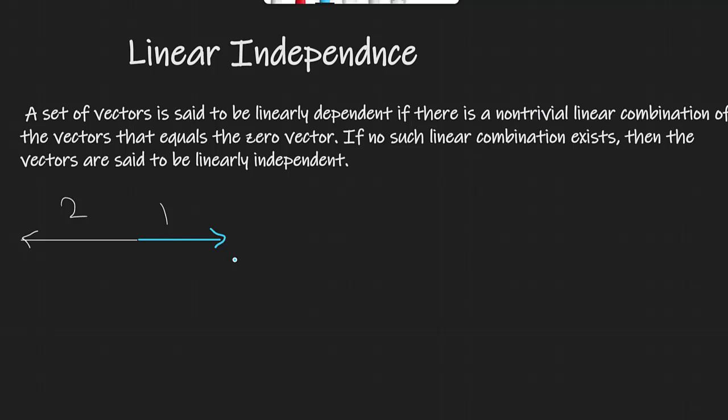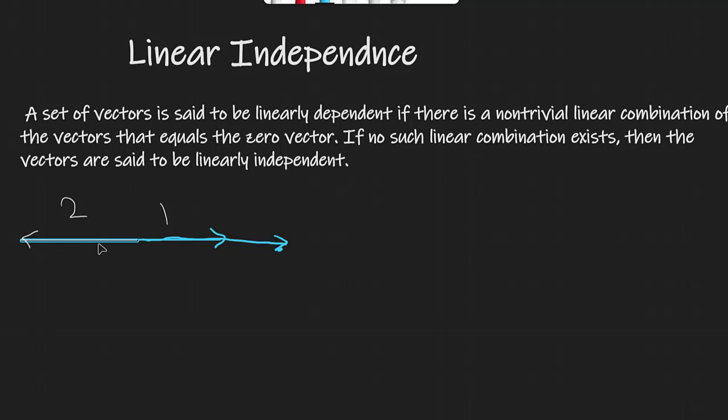So let's just illustrate this with some arrows in 2 dimensions. I have one vector here which has a magnitude of 2 and it's pointing to the left, and one vector here that has a magnitude of 1 that is pointing to the right. I could multiply this blue vector by a scalar, which is 2, and I'm going to get exactly the same vector as this one, but in the opposite direction.